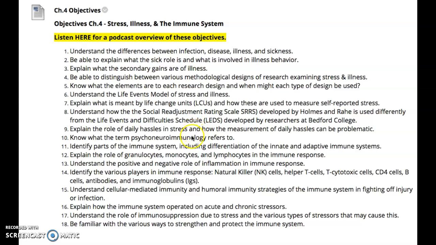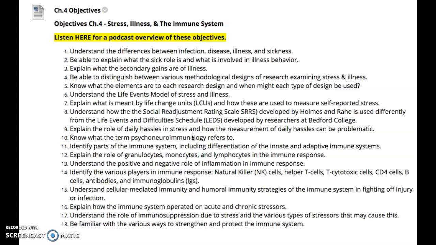Then we're going to turn to looking at the role of daily hassles in stress. These are daily things we deal with that aren't considered life events. They might be things like waiting in line, sitting in traffic, paying bills, dealing with a difficult roommate, daily little stressors.